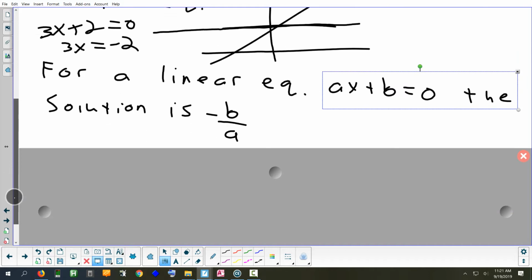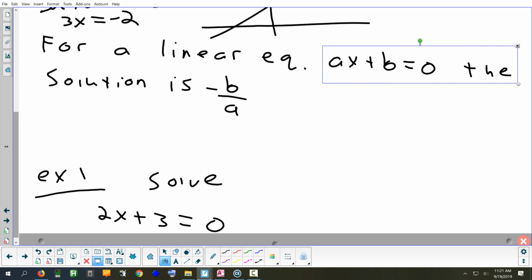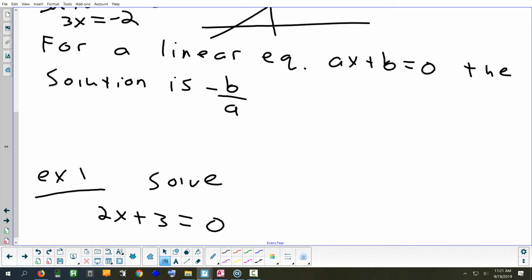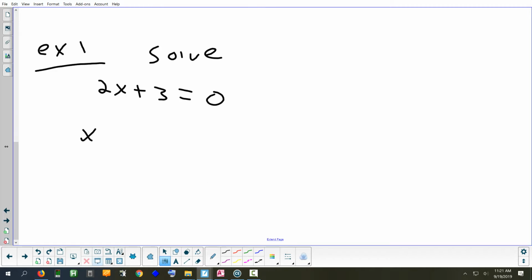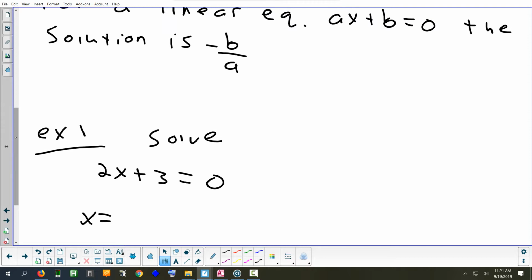Okay, so let's try an example where we figure out where this line crosses the axis. Anyone think they can tell me the answer to that equation? Chris? Negative 1.5.